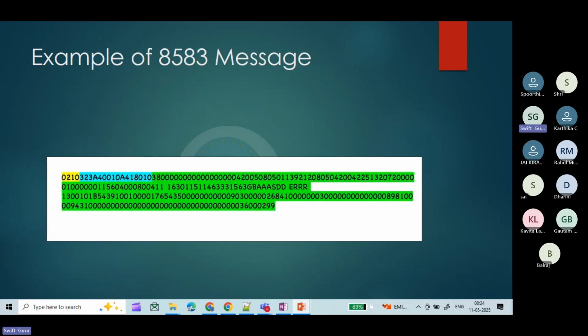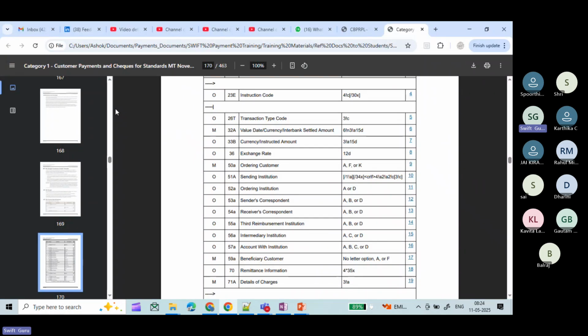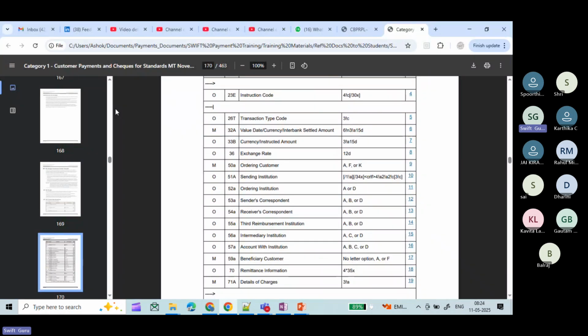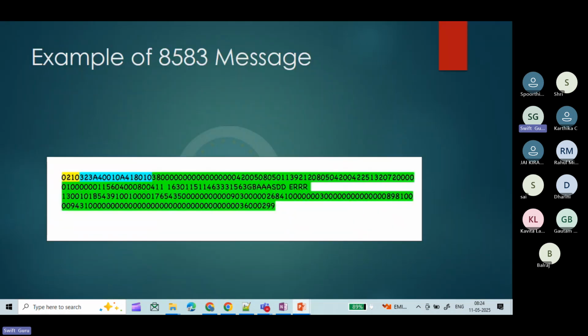By looking at it, we might not understand which one is the card number, which one is the amount, the date, etc. We are clueless unless we have the message standard handbook, which might be released by ISO 8583, wherein they would have defined that the first 4 characters define a certain thing, followed by 16 characters defining a card number, etc. So they define it in their message standard handbook.